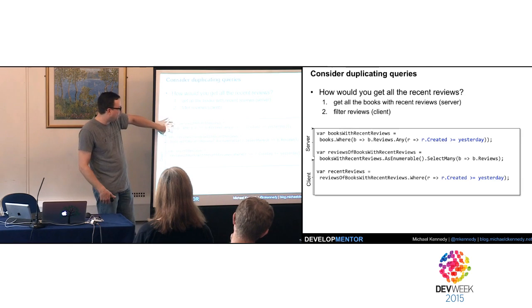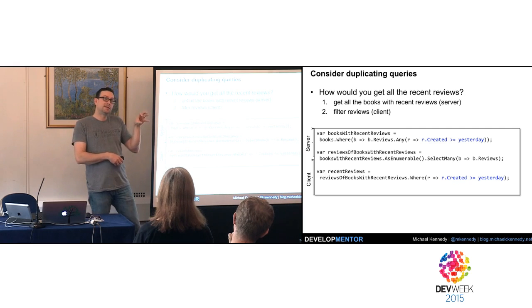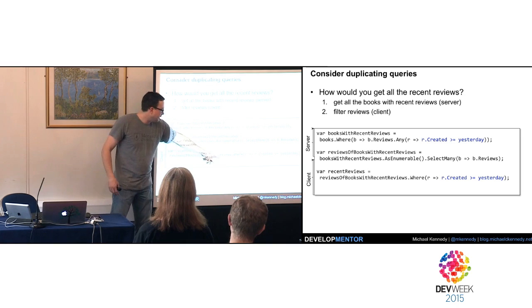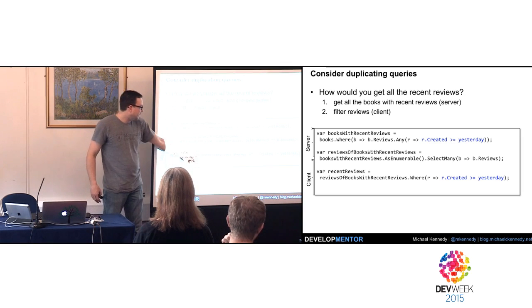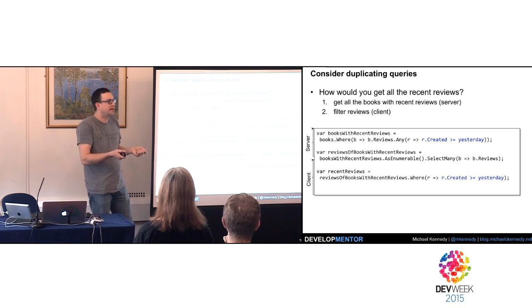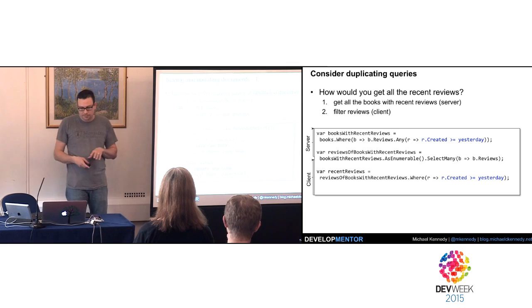So I'll pull all the books back that have at least one review for today. They may have other reviews that are old, but they have at least one review for today. Then on the client side, I do a select many to get down to just the reviews of today. So you've got to be a little careful here. You've got to repeat this stuff sometimes.